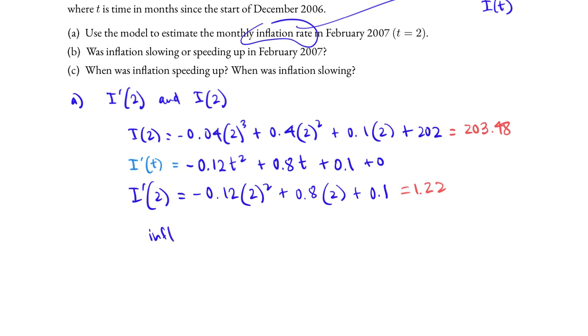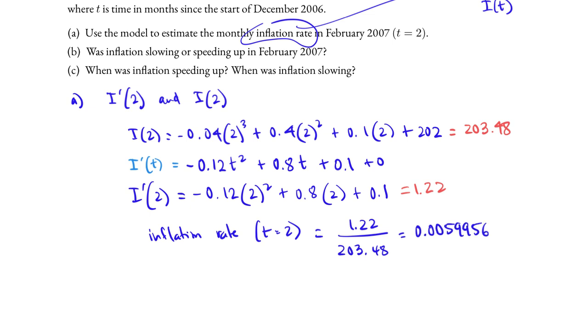And so the inflation rate, specifically when t equals 2, is 1.22 divided by 203.48, and this is approximately 0.00599568, which we round to 0.006 or 0.6%.